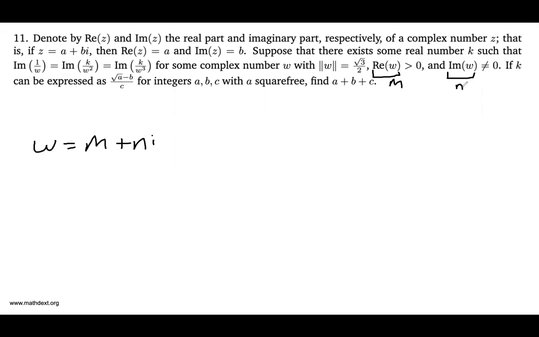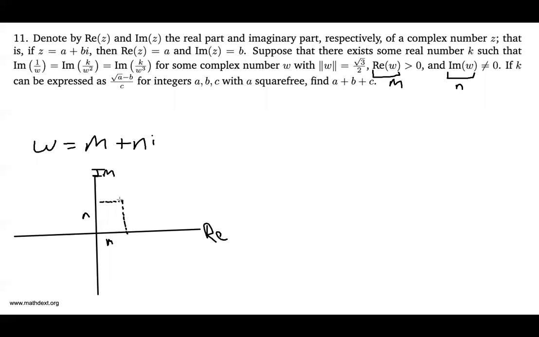Well, the magnitude is just the length, or the distance from w to the origin in the complex plane, because if you recall, the complex plane looks something like the xy plane, except this is the real axis and this is the imaginary axis. The point m plus ni could be plotted about right here, where the real part is m and the imaginary part is n.